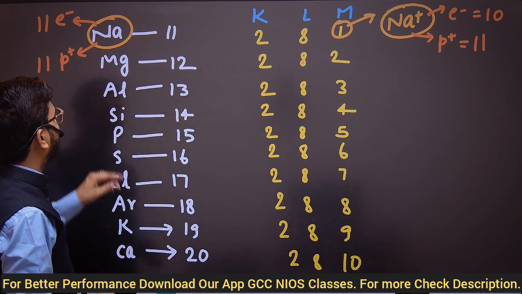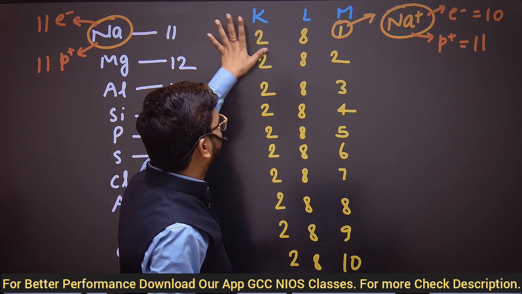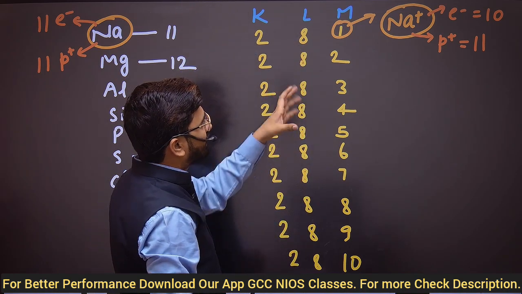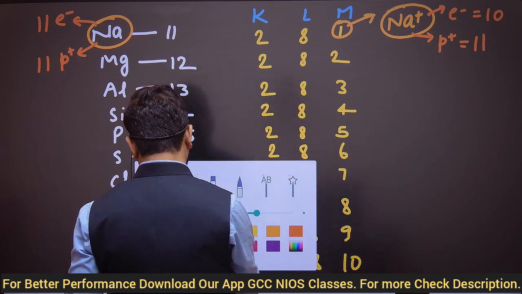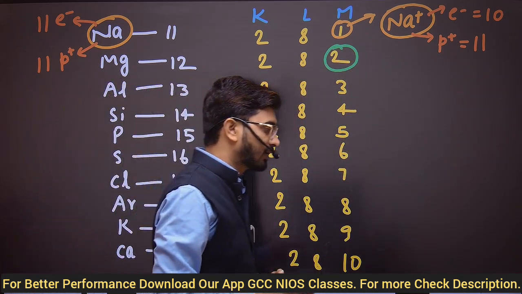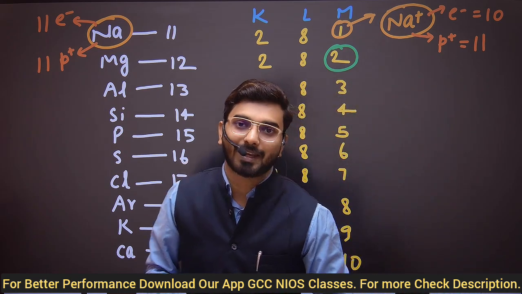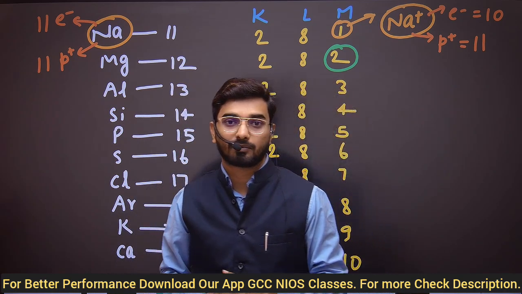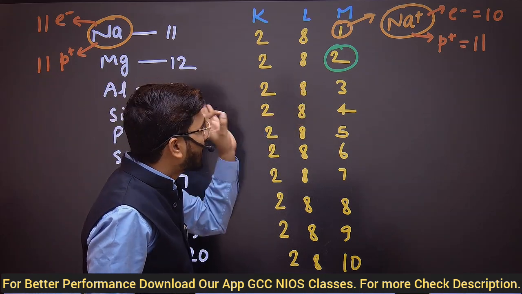Now let's discuss Mg, magnesium. It's 2 8 2. That means the K cell has 2 electrons, the L cell 8 electrons, and the M cell 2 electrons. In this case these 2 electrons would try to follow the octet rule, and it requires 6 electrons to make 8. There is no element that will give 6 electrons to make it 8.